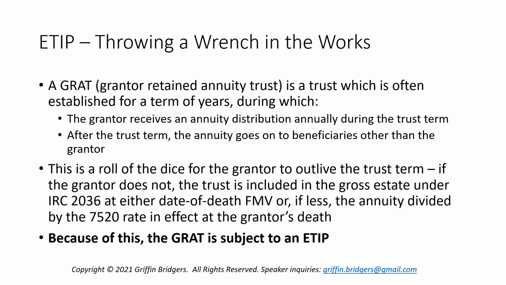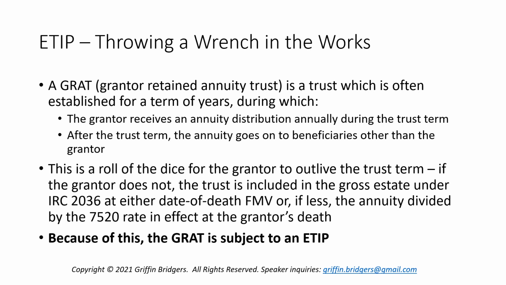Now, this is a roll of the dice. The whole intent here is that the grantor can set up a trust with the intent that they outlive the trust term, because this uses time value of money and some discounting under Code Section 7520 to move assets out of your gross estate at a low or zero gift tax cost, potentially, depending on how things are set up.